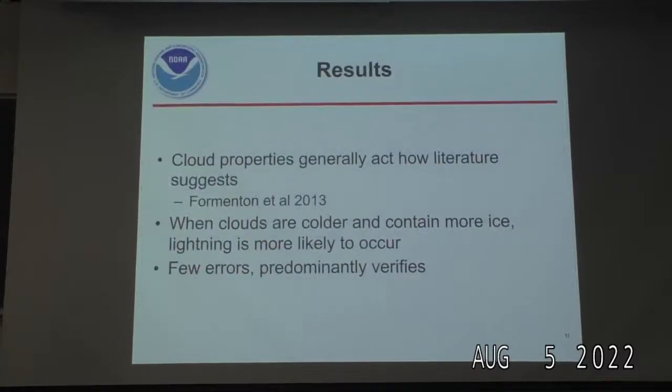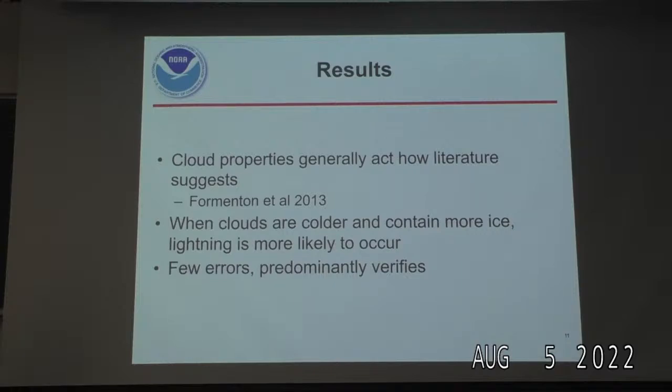And so overall, our results generally acted how the different cloud products, specifically cloud type and cloud top temperature, did act the way that some literature has suggested they should, meaning that when clouds are comprised of ice, like an overshooting top, an opaque ice cloud, or cirrus clouds, those are more likely to have lightning than water clouds.